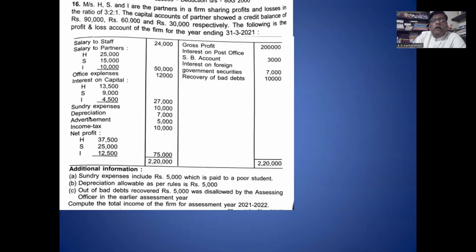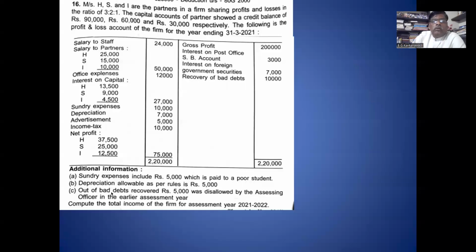As per rules, depreciation of 5,000 is allowable. But in your P&L account, you have shown 7,000 rupees depreciation. 7,000 is the depreciation shown in the P&L account. 5,000 is allowed by the income tax department. So 2,000 depreciation charged is disallowed.